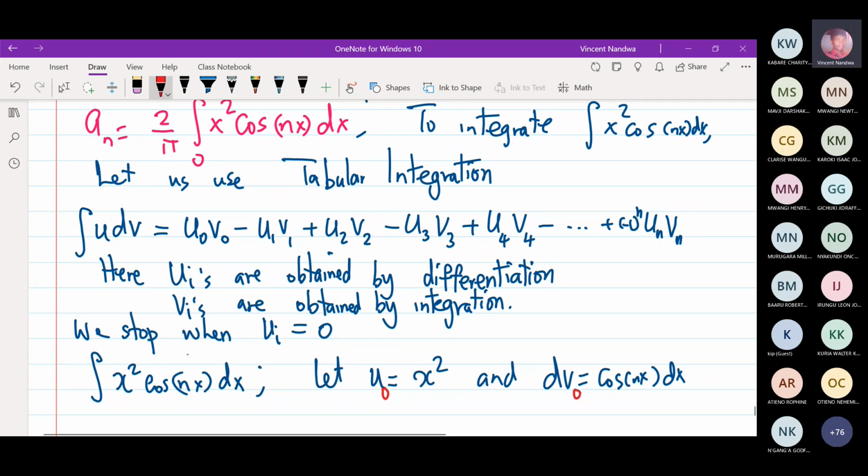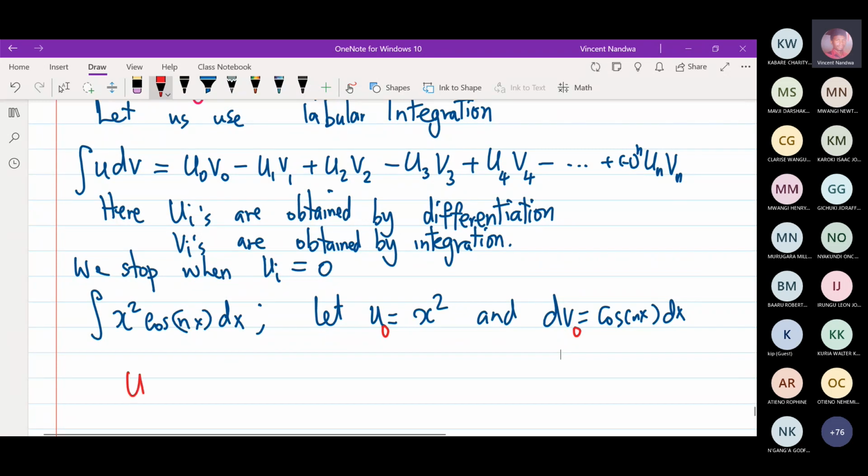So this gives us u naught becomes x squared. And for you to get v naught from this point here, you have to carry out integration of this function cos nx dx. So what will be the value of v naught when you integrate cosine of nx dx?